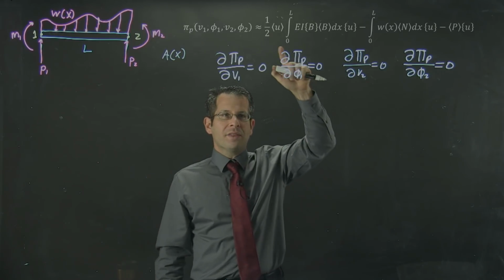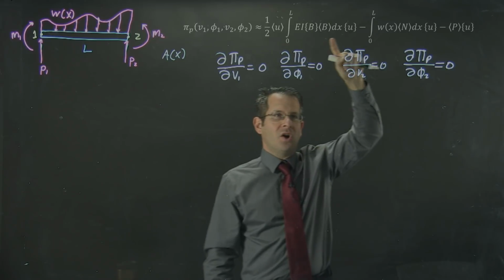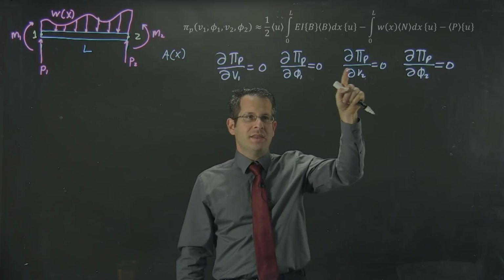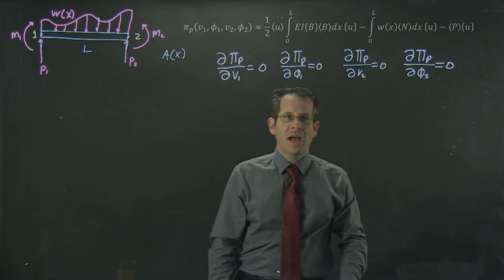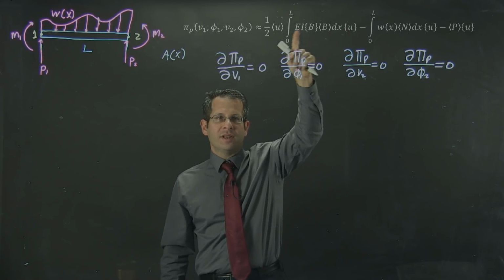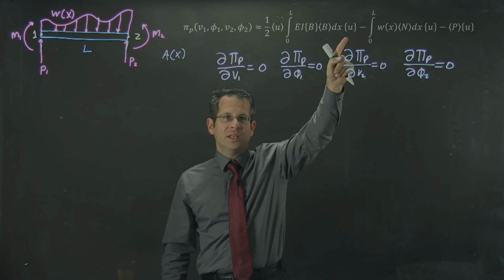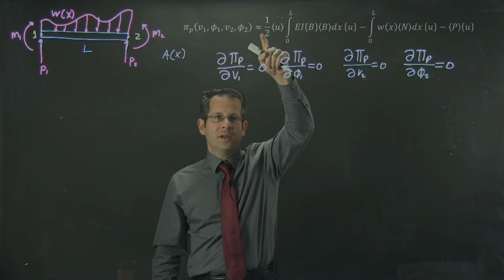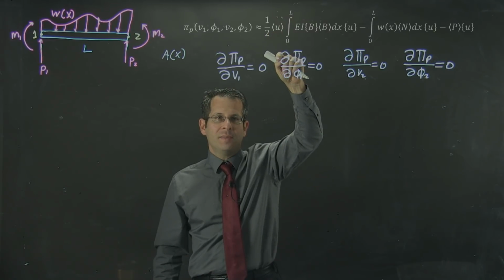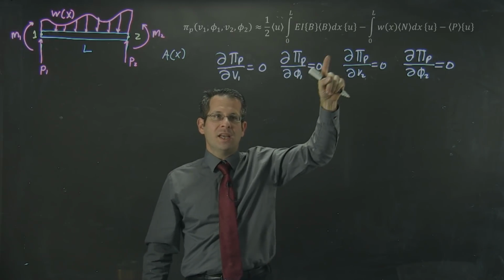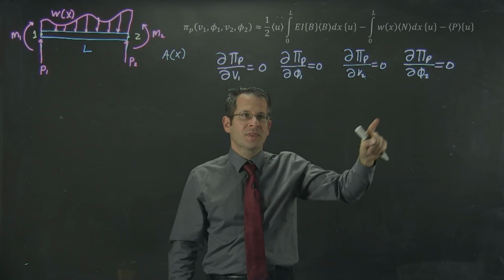So rather than write this all out in long form and then evaluate these four partial derivatives, I can just shorthand say, when I take the derivative of u squared, and there's a 1/2 here, the squared will come down and be multiplied by this 1/2, I'll end up with 1. This u will go away because I'm going from u squared, reducing the power by 1. I'll just get u.